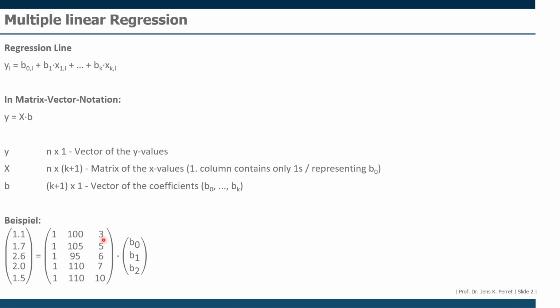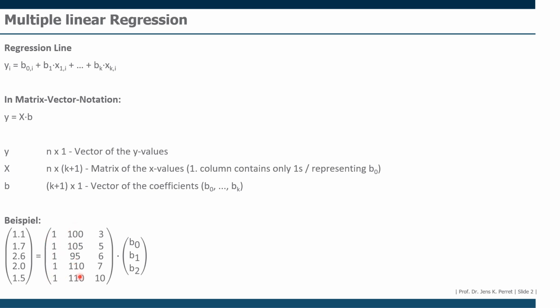To first illustrate this with a little bit of data, it could be something like this for a situation where we have five observations, and k being 2, so we have two different independent variables. Then this is the column representing the intercept, it's only ones.